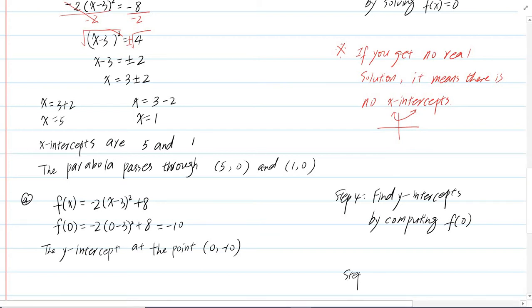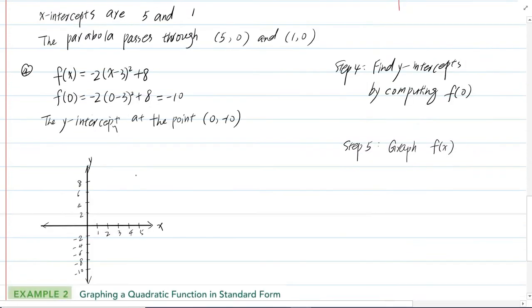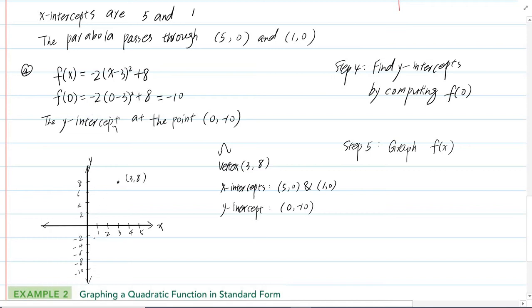Step 5, now we're going to graph. Here we have the graph, and on the right side is everything we have found so far. We're going to follow this and draw the graph. This is my vertex, (3, 8), and we know this is going to go downward. Here we have (1, 0), then we have (5, 0). We also have the y-intercept (0, -10), right here.